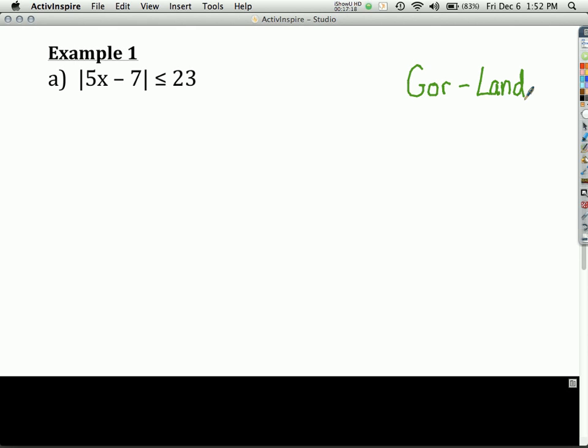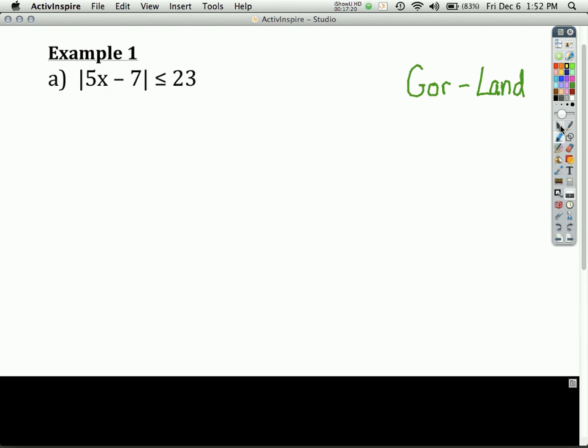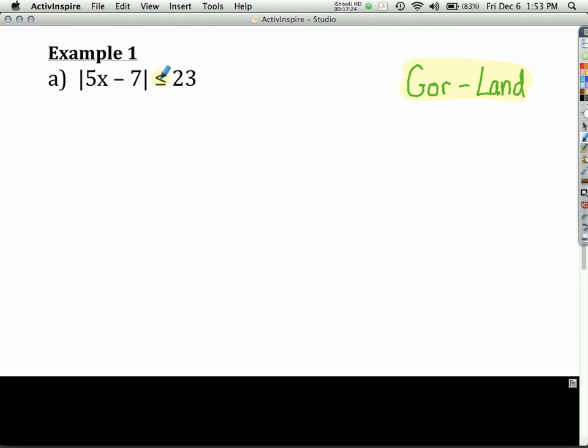Now step 2, now we're going to use this memory device. And the memory device depends on this symbol right there. So are we going to rewrite this as an or or are we going to rewrite it as an and? What do you think, Kayla? What did you think, Catalina?